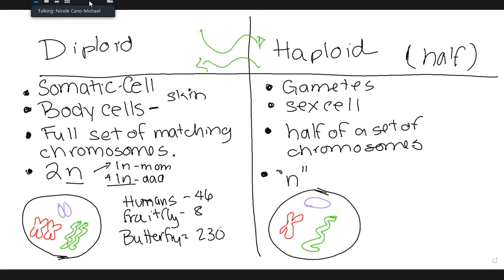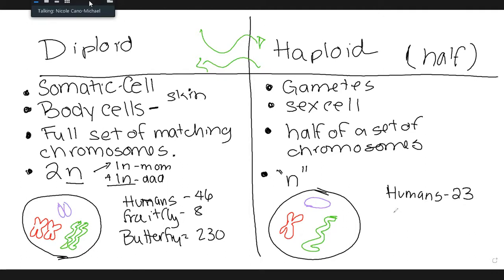Now, what do the haploid cells look like? Well, for humans, what would it be? Anybody? Ladies and gentlemen, what would my haploid for humans be? 23.